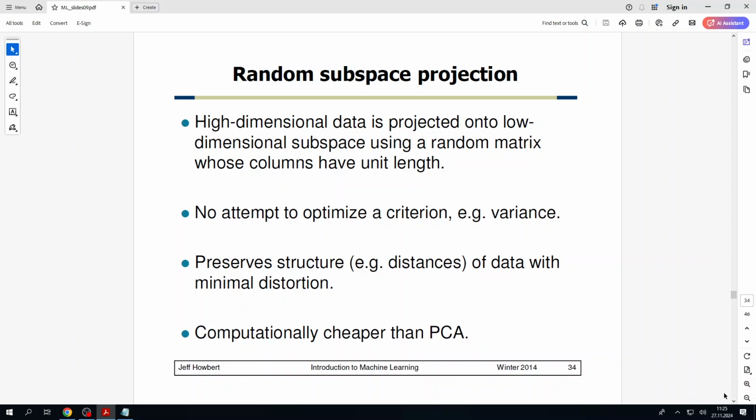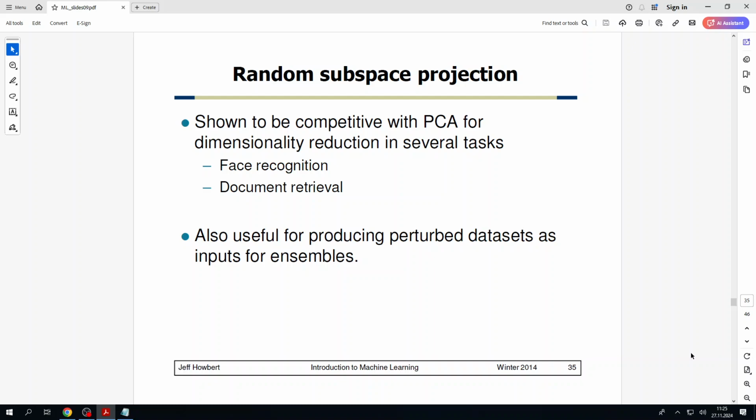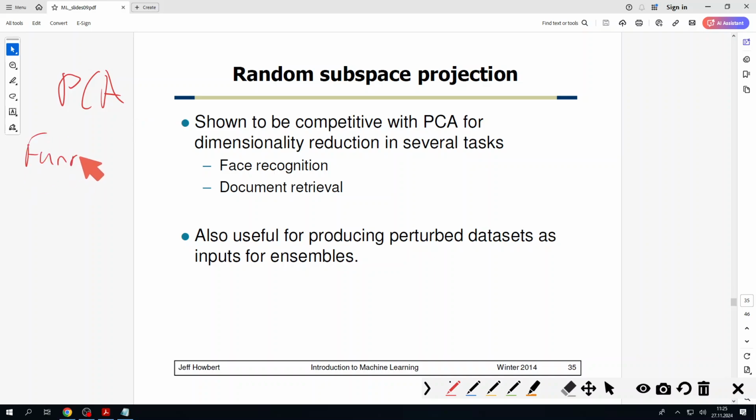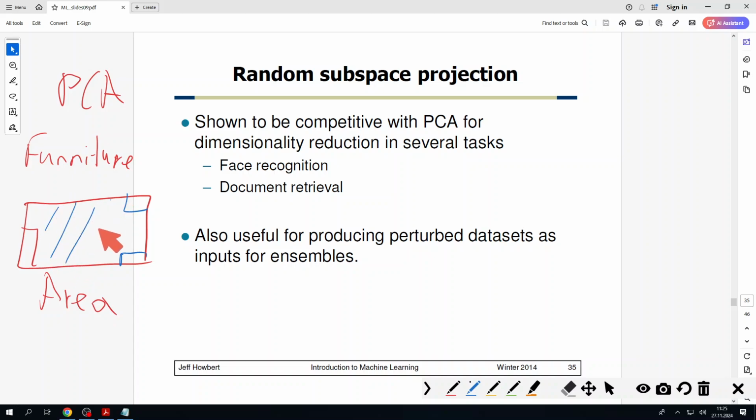Now you can think of it as the equivalent, if we try again, for the principal component analysis, in the example I have mentioned about the furniture: you have a certain room with a certain area, and you try to put your furniture as best as you can by calculating all the possible variations, distances, all of that stuff, to leave as much free space as possible. That's how PCA works.